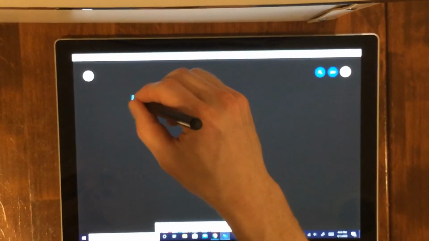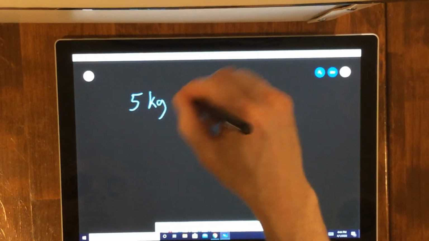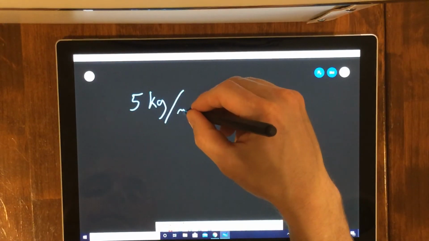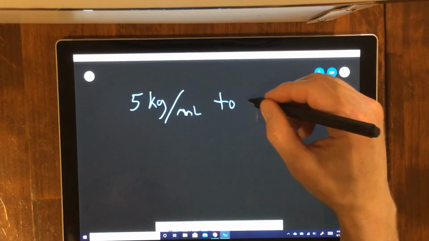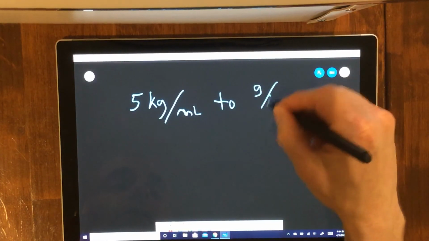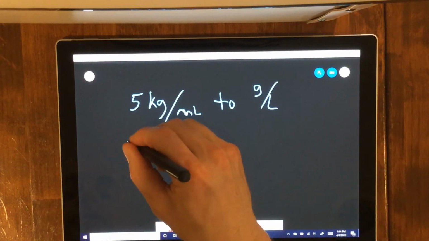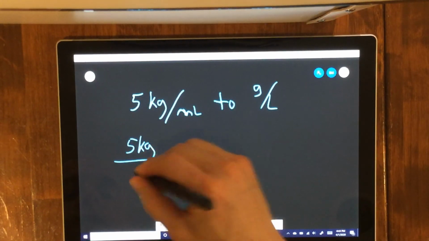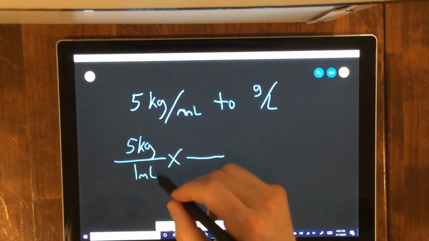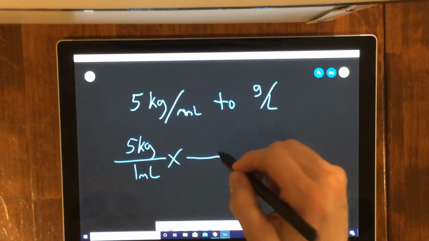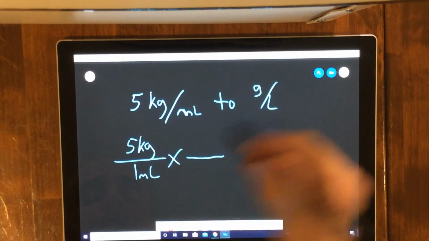If I gave you 5 kilograms per milliliter, and I want to convert that to grams per liter. So I would do 5 kilograms over 1 milliliter times, now you can convert milliliters to liters or kilograms to grams, it doesn't matter which one. I'll do grams first.